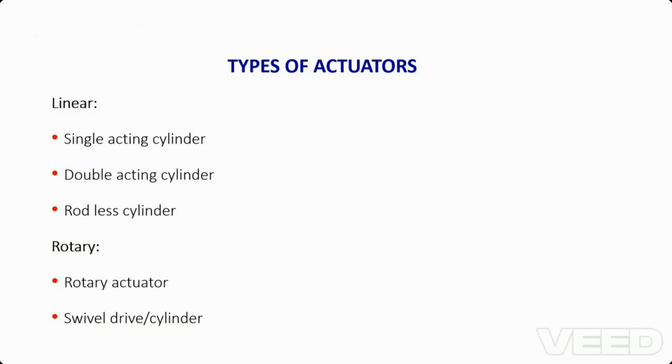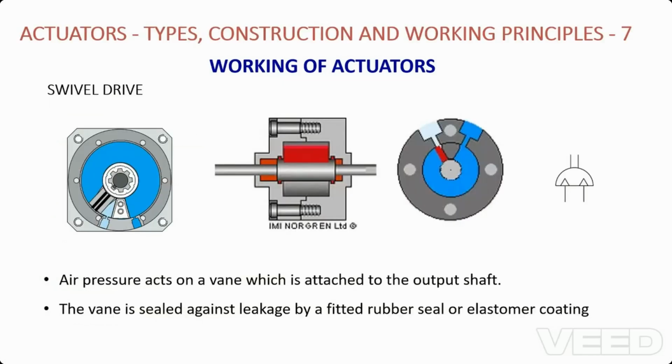Some of the basic applications of these rotary actuators are pneumatic wrenches, pneumatic stoppers, or pneumatic rejectors. These all can be called types of rotary actuators.